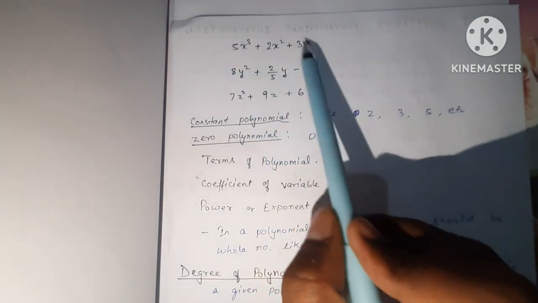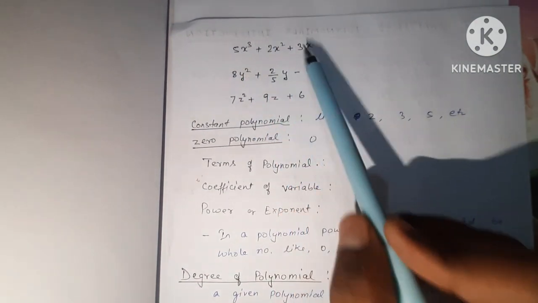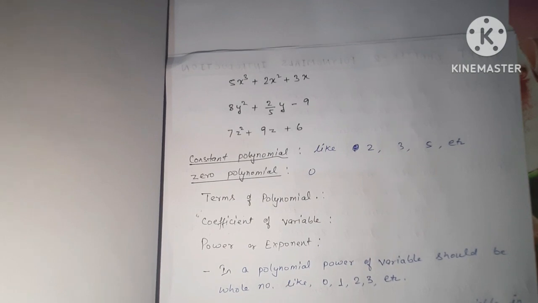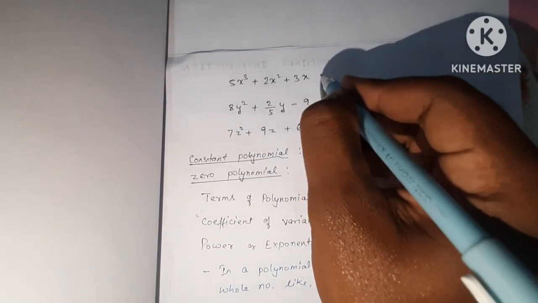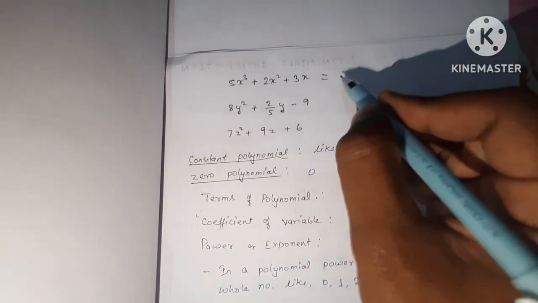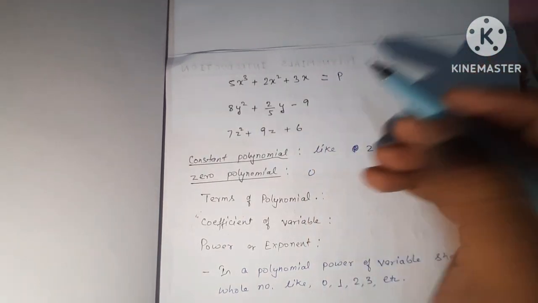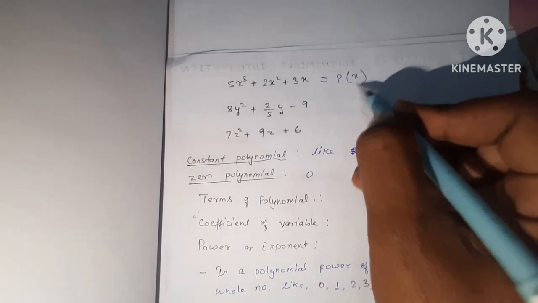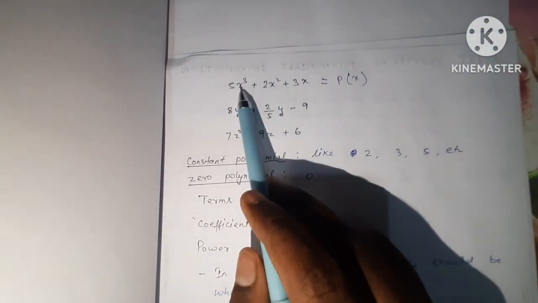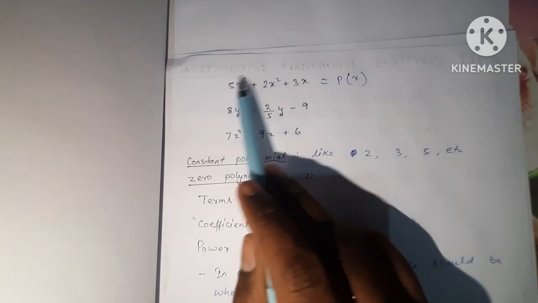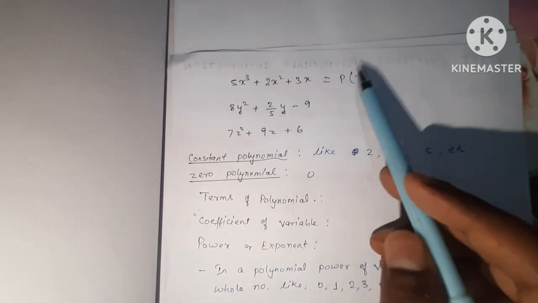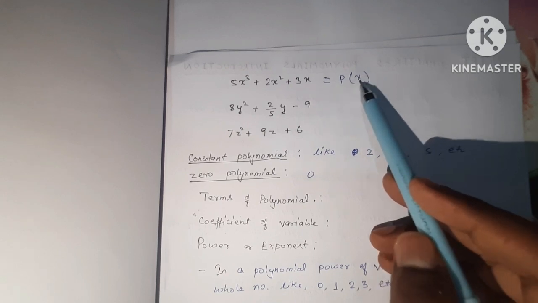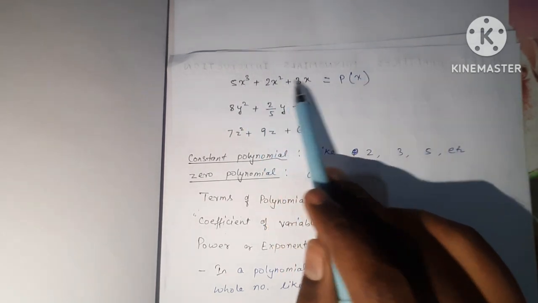So in this polynomial, x as a variable is used. So we write p for polynomial, and in bracket we write x. Why? Because x variable is used in this polynomial, and we read it as polynomial in terms of x. X is the variable and a single variable is used.